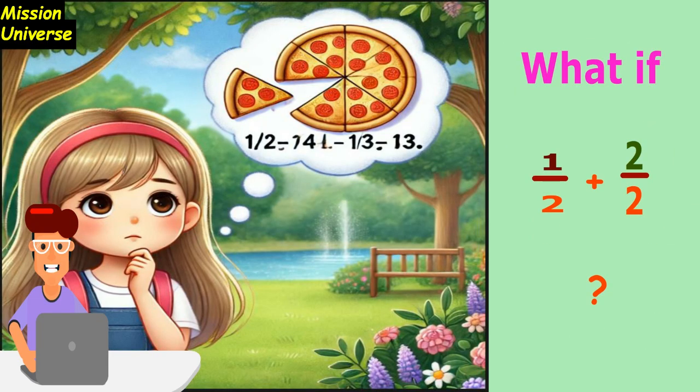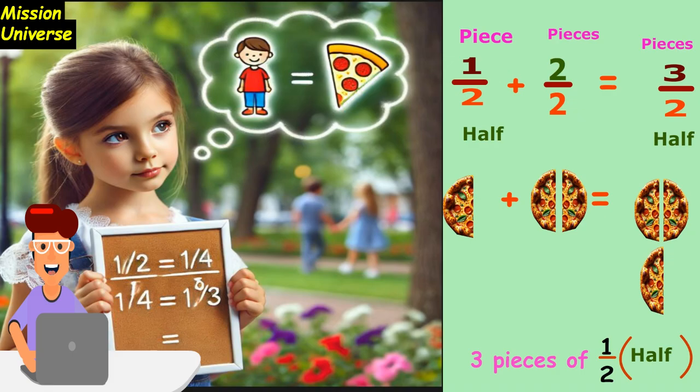What if you add 1 upon 2 with 2 upon 2? Let's learn. 1 upon 2 plus 2 upon 2 is equal to 3 upon 2. How? Let's read this like 1 piece of half pizza plus 2 pieces of half pizza is equal to 3 pieces of half.